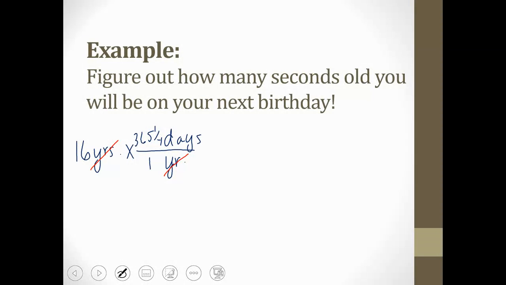Now, many times what we want to do as far as our conversion is going to require multiple steps, because in this problem, we want to know how many seconds old we are. So we're going to have to continue on and do multiple steps. I really feel it's best, instead of stopping and getting an answer in days where you round off an answer, to just continue on and keep putting your factors one next to another.